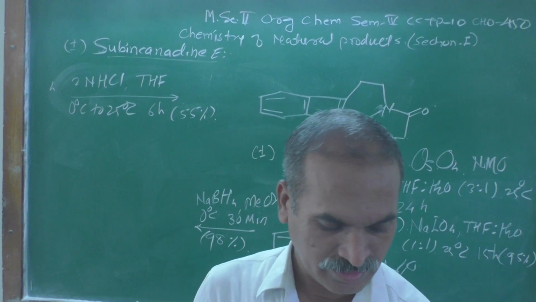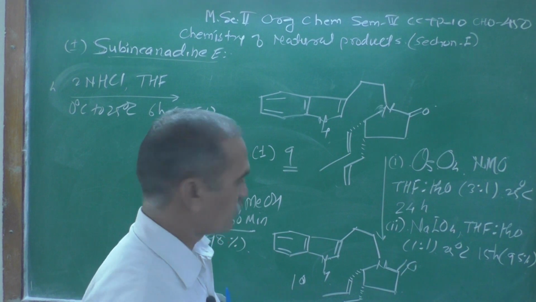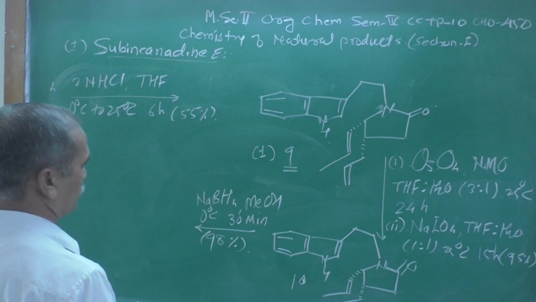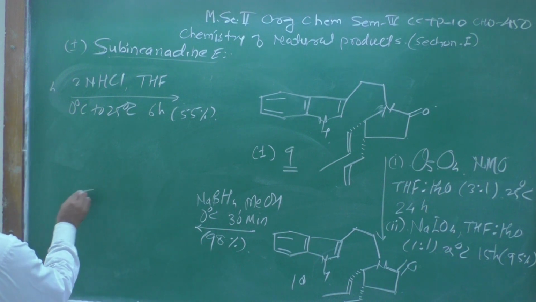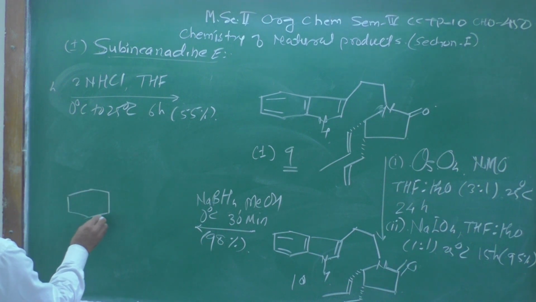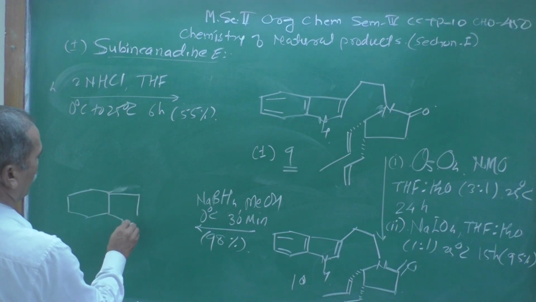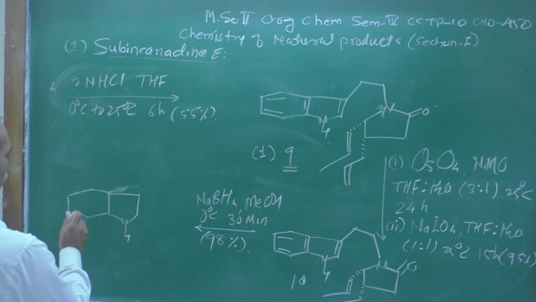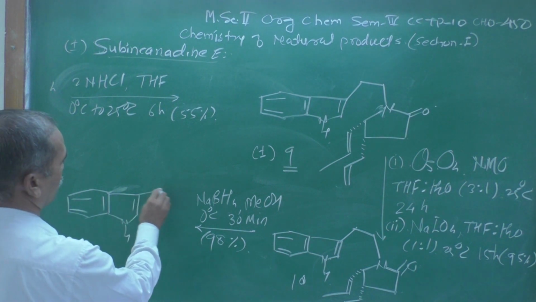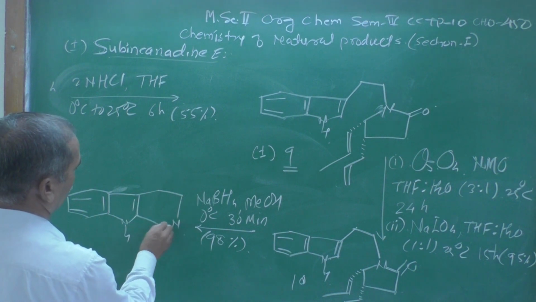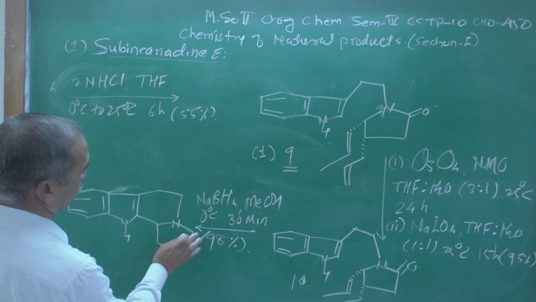and the product will be, see here, the cyclization takes place, and the structure which we are going to get, I am representing here. This is a 5-membered ring, H, then this double bond, this indole moiety remains as it is, and there will be a 6-membered ring and a 5-membered ring.